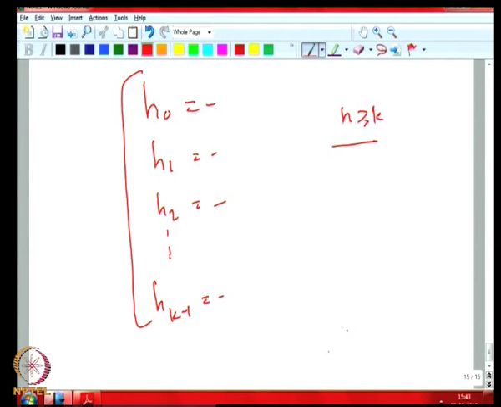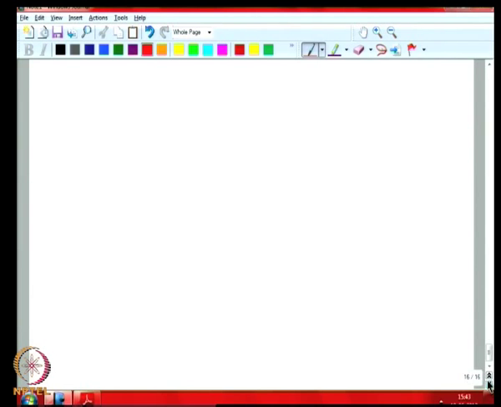So what we do is substitute n equal to 0. I write the characteristic equation here once again. This is x raised to k minus a1 x raised to k minus 1 minus a2 x raised to k minus 2, finally minus ak equal to 0.